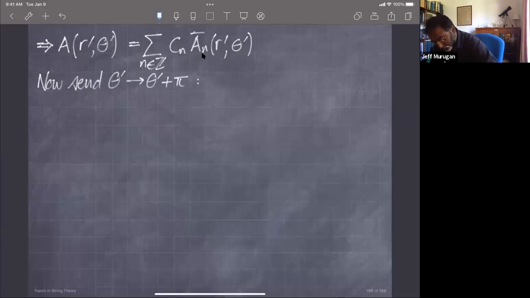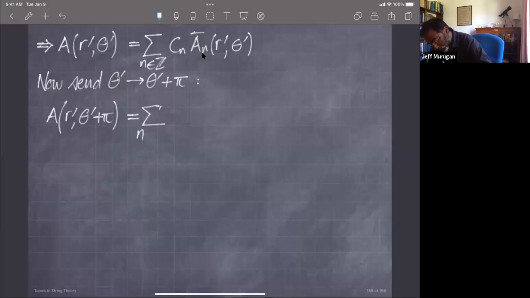In that case, my amplitude reads A of r prime, theta prime plus pi, and this is equal to the sum over n in Z of Cn, A_n bar of r prime, theta prime plus pi.